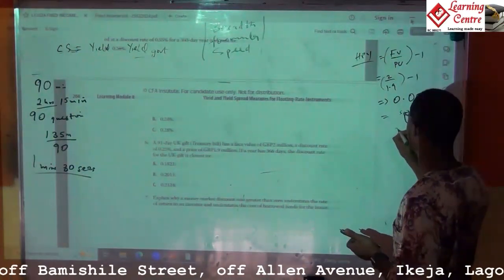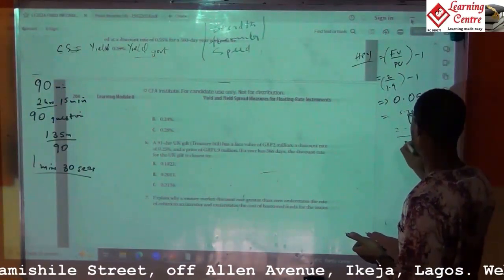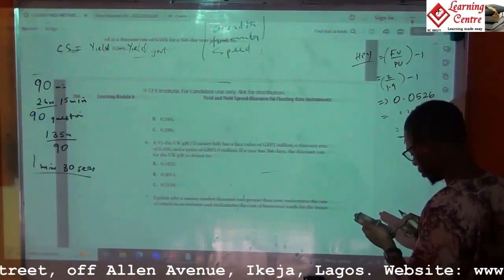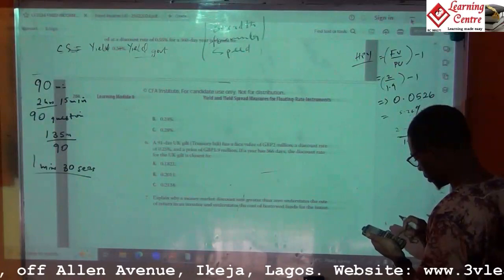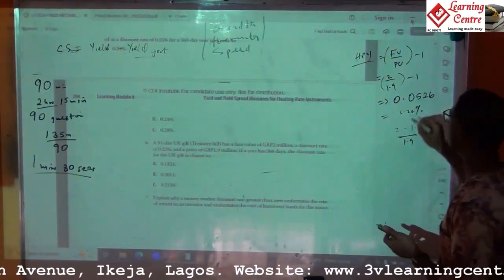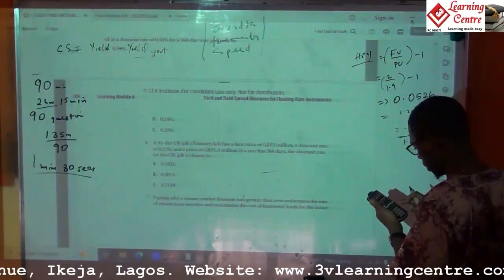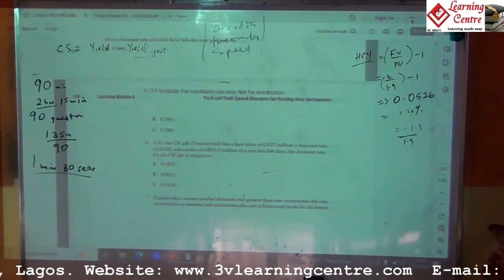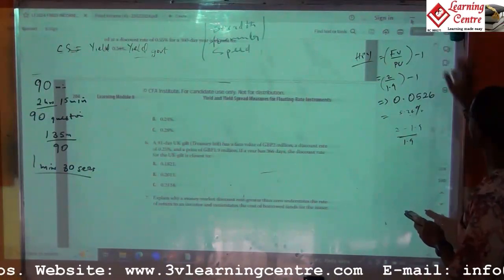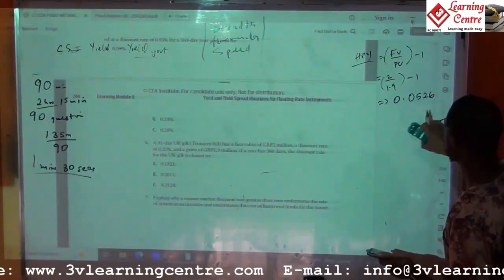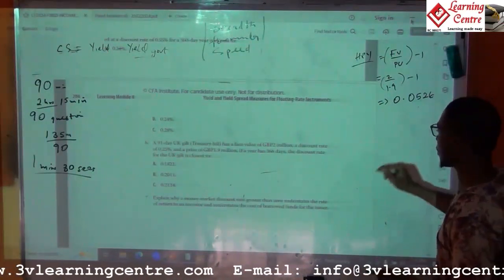So you do 2 minus 1.9 over 1.9, the same thing, 1 divided by 1.9, equal to 0.0526. Okay, so we get 5.26%. Then multiply by the days. So you are putting the answer in decimals too, right?